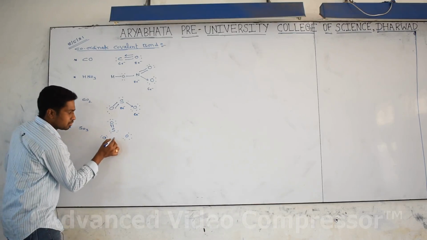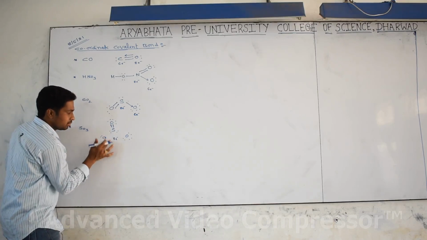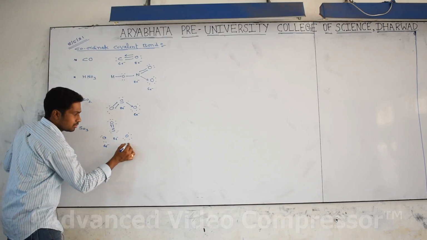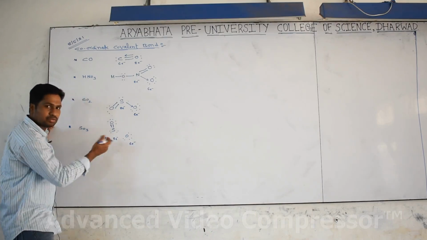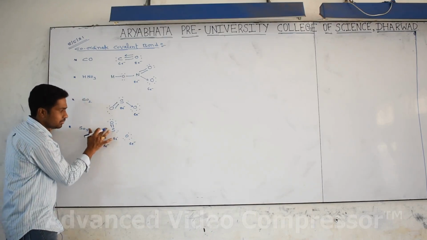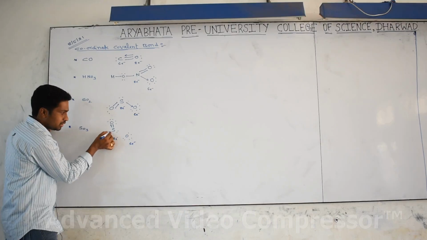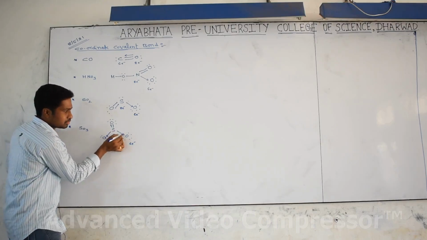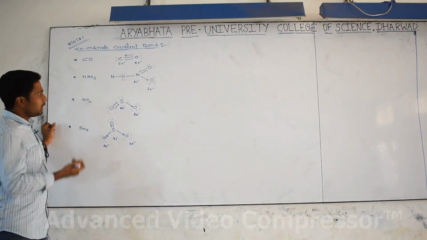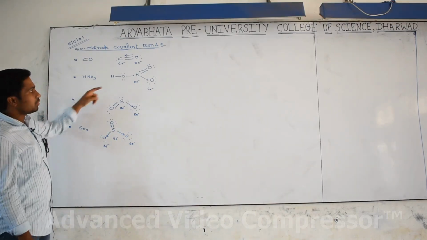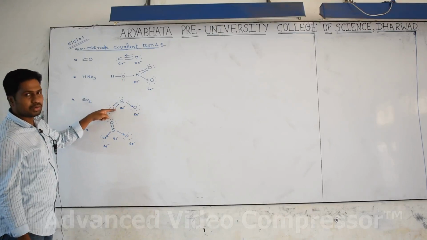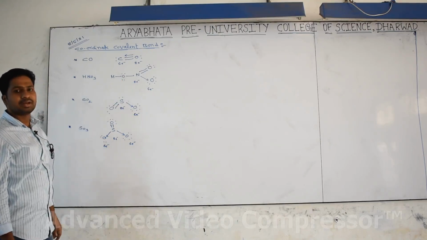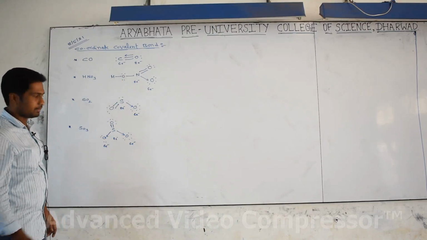After that, sulfur already has an octet configuration, but this oxygen has 6 electrons and this oxygen has 6 electrons, so both are unstable. That's why this sulfur contributes both electron pairs for sharing, and that's how we get coordinate covalent bonds. Here also a pair of electrons is donated to oxygen, coordinate covalent. Whatever normal lines there are, they are purely covalent bonds. Whatever arrow marks there are, they are coordinate covalent bonds.